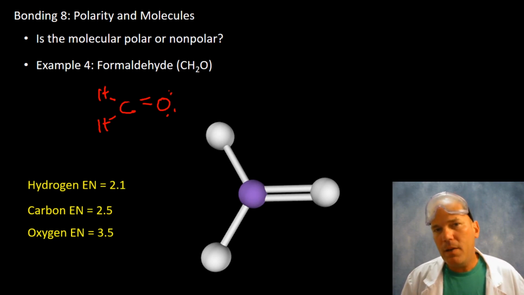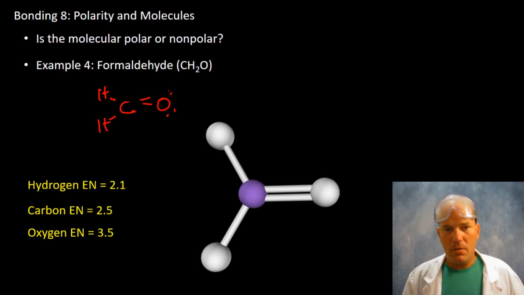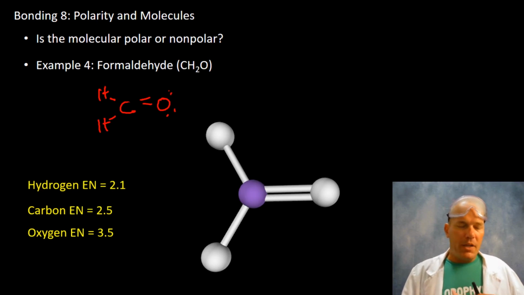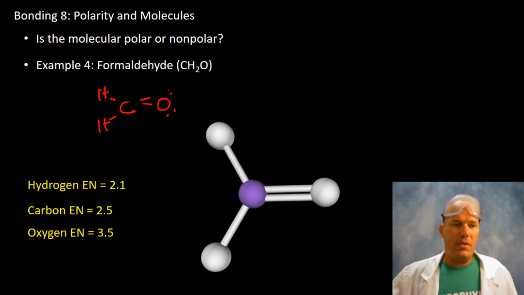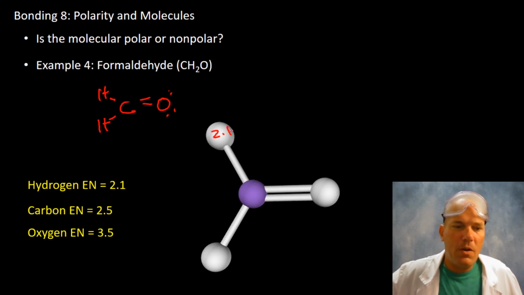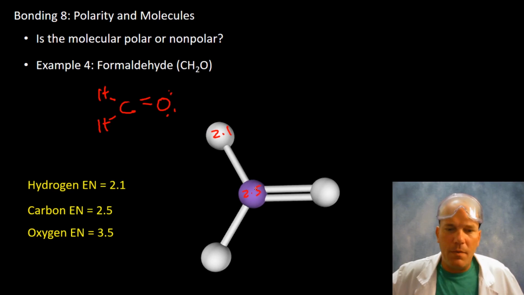There are no lone pairs on the central atom. Remember, multiple bonds still just count as one cloud. Okay, so we can now look at our individual electronegativities. All right, so our hydrogens are 2.1, carbon 2.5, and we have a 3.5 here.